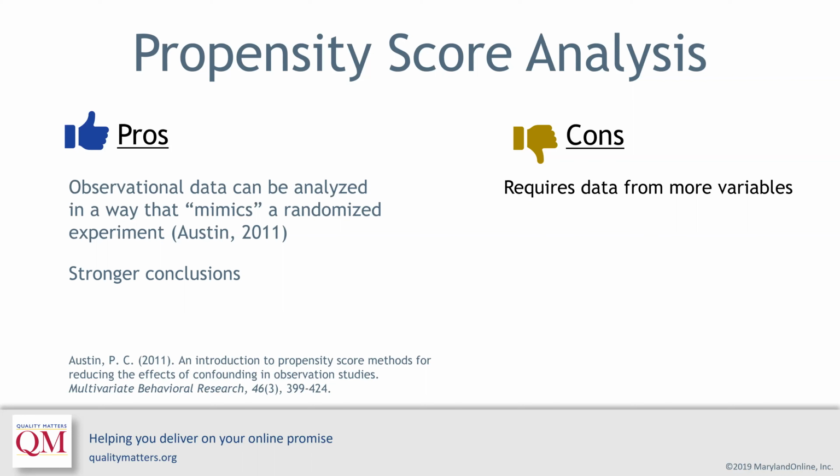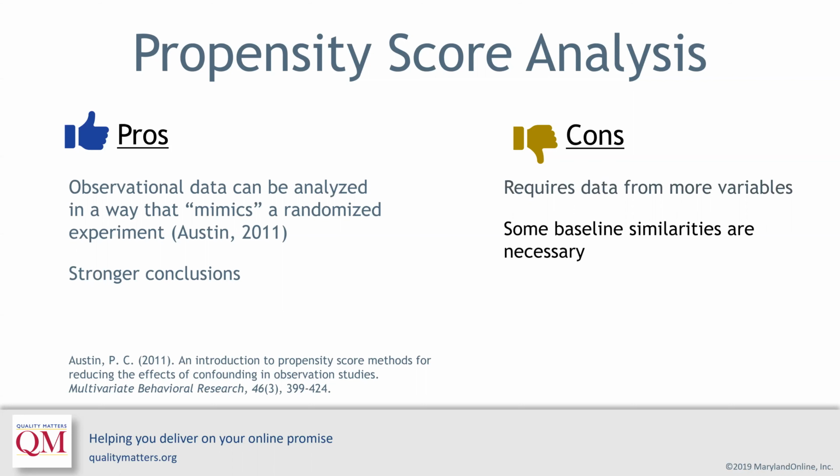So when I do research, I really need to plan ahead and administer a survey at the beginning of the semester to collect all the data of all the covariates that I want to include in the model. If I forget something, I usually can't go back and get it later, because once the semester is over, those students are gone and I don't have access to them or their data anymore.